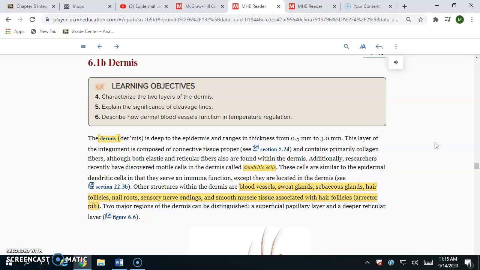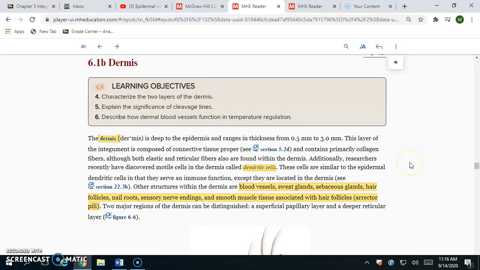If it was, say, a bacteria, the dendritic cells present in the dermis would hopefully see that bacteria and destroy it before it got any farther into the body. So we do have some dendritic cells in the dermis as well as these skin accessory structures. All right, so that is the components and makeup of our dermis.